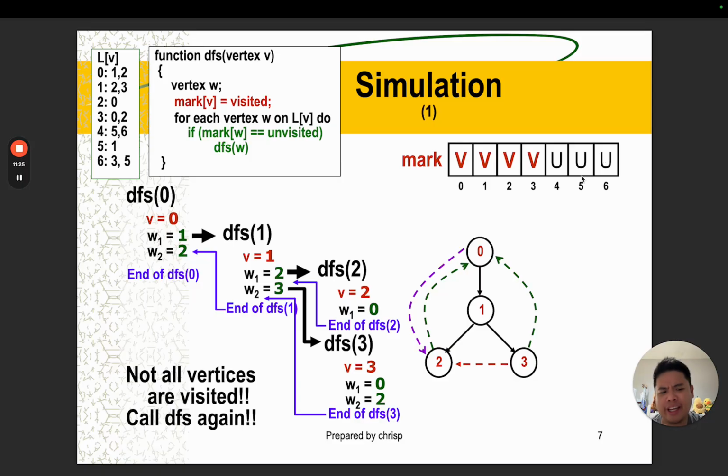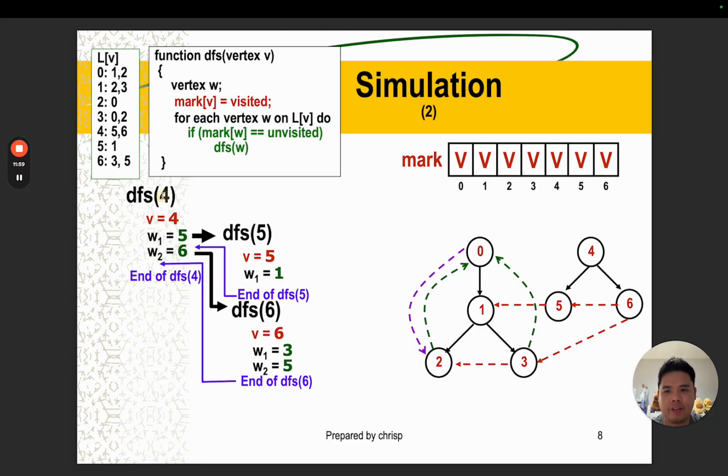Maybe in the exam it will say, if DFS fails to visit all the vertices, then call the biggest unvisited vertex. So I would call DFS 6. But if it says, call the smallest unvisited vertex, I'll call 4. Or if it says, call the middle, which is unlikely, call 5. But it doesn't matter which one you call as long as you run DFS again.